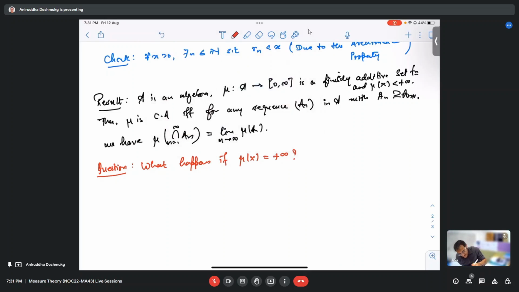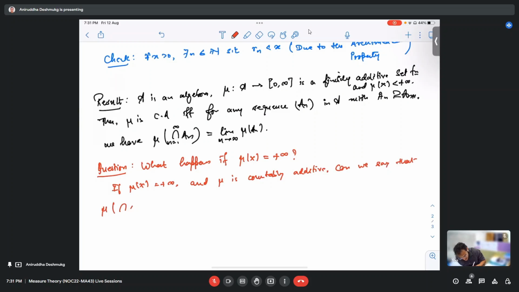So the question is, if mu of X is plus infinity and mu is countably additive, can we say that the measure of the intersection of A_n is equal to the limit of the measure of A_n whenever A_n is a decreasing sequence?